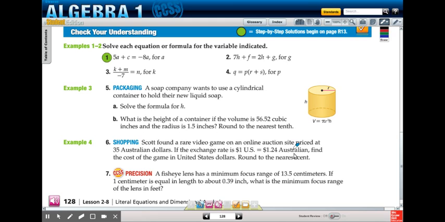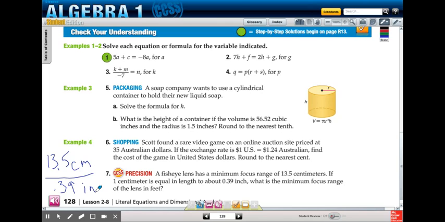So this is one of those dimensional analysis things, because I have 13.5. I'm going to do it the way that we did it before. 13.5 centimeters for 0.39 inches.